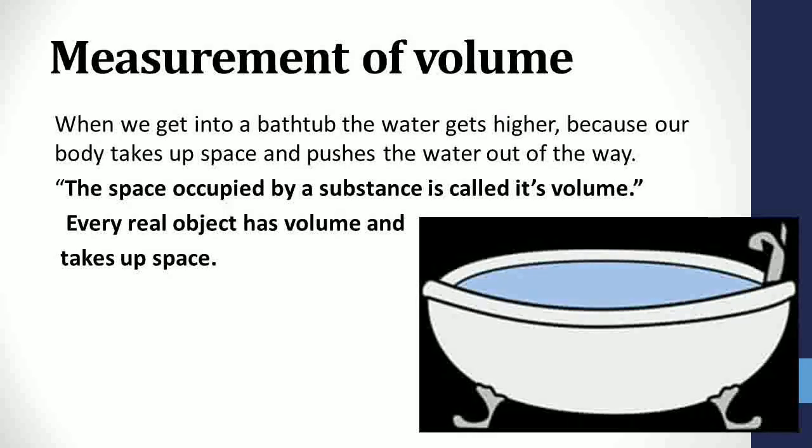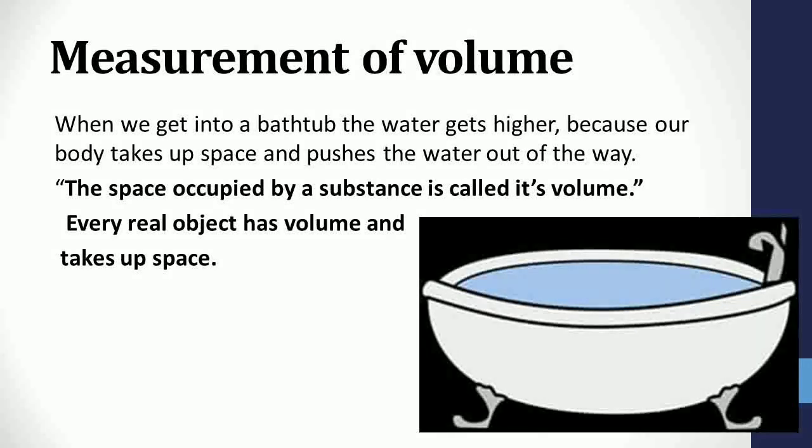In the same way, in the case of the bathtub, the body takes up space, and that space is called the volume. So volume is the quantity of three-dimensional space enclosed by some closed boundary. That means the space that a substance or shape occupies or contains is called volume.